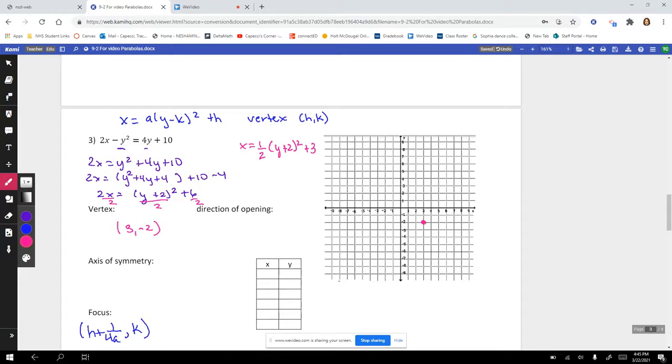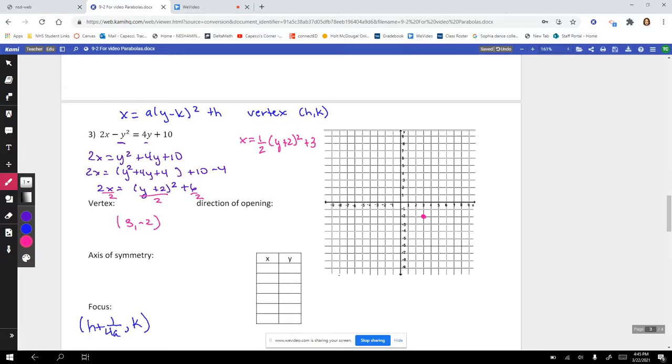Now I know that it's going to open right or left because we got x by itself. So let's fill in our table a little bit. I'm going to use 0 for my y value, so I'm going to substitute in here. 0 plus 2 is 2, 2 squared is 4, 4 times 1/2 is 2, plus 3 gives me 5. So I have 5, 0.